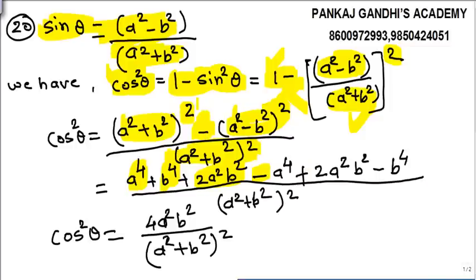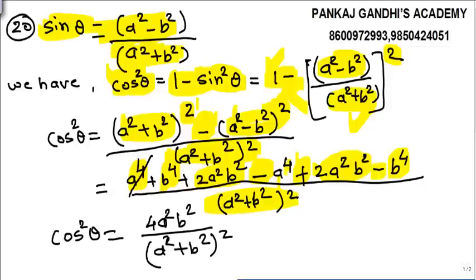Because of this minus sign, we'll multiply the minus sign into the bracket directly. So a square minus b square, whole square, is a raised to power 4, but because of this minus sign it will come as minus a raised to power 4, and minus 2a square b square will become plus 2a square b square, minus b raised to power 4, divided by the denominator as it is.